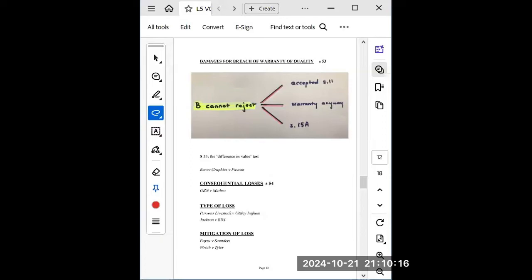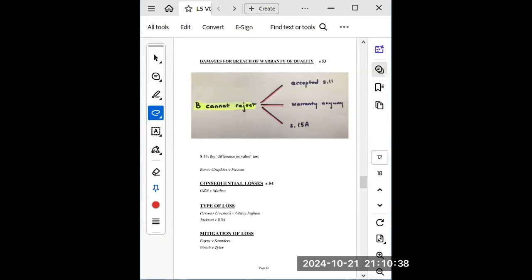Now, I know it sounds a little complex, but it'll be much easier when we handle it the second time, okay? Now, if goods are so defective that the value of the goods to the buyer is zero, basically the buyer recovers the full value. So the effect is more or less the same as rejecting the goods and getting your money back anyway.